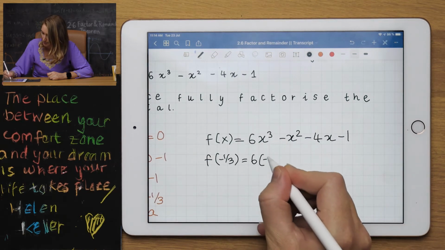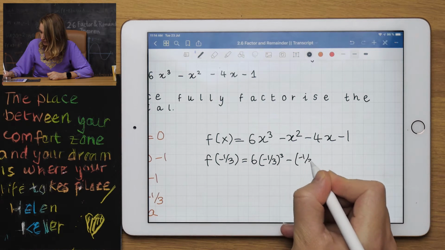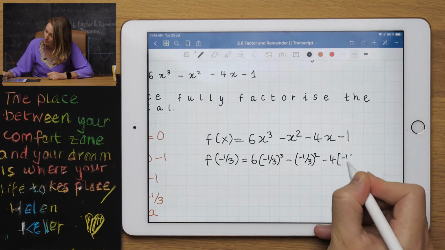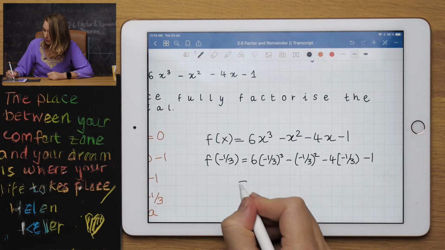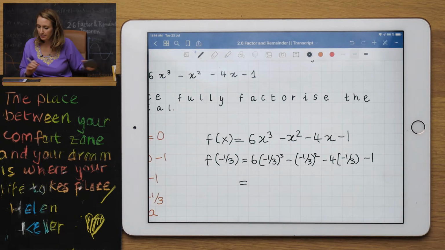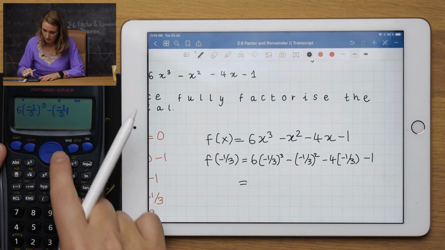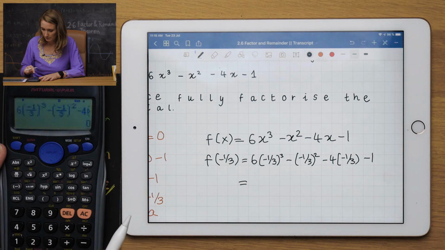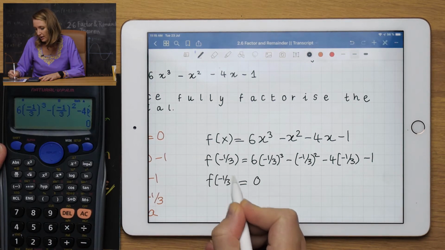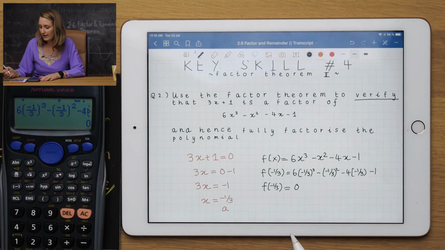So 6 times minus a third cubed minus a third squared minus 4 times minus a third minus 1. When you type this into a calculator, you want to be really mindful to include these brackets here. So we've got 0. So that's verified that 3x plus 1 is a factor.